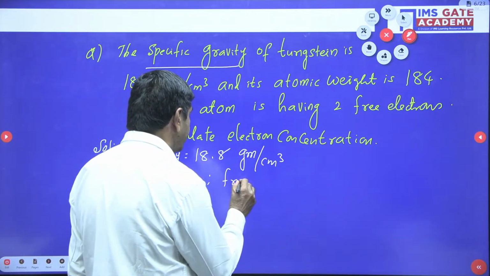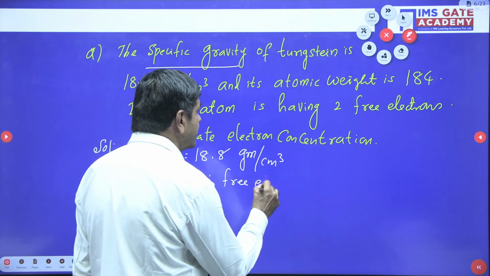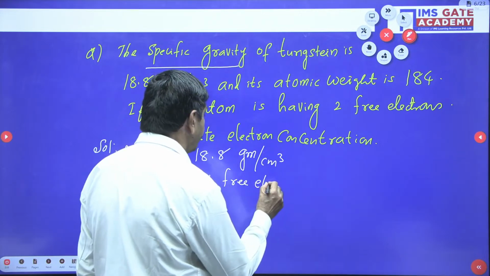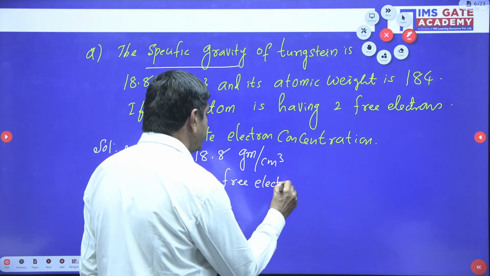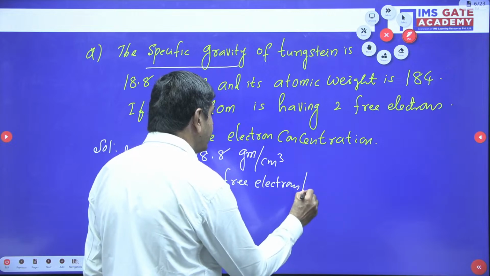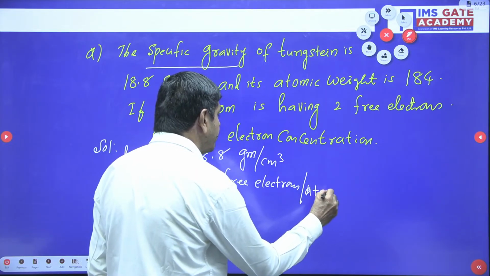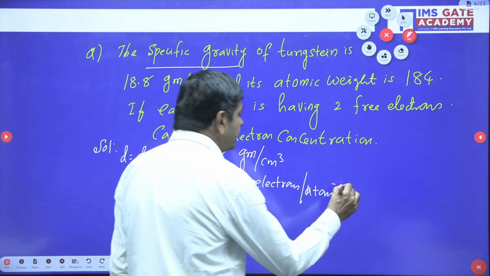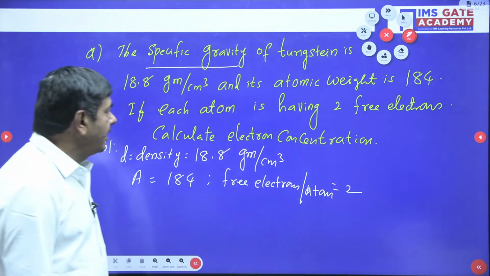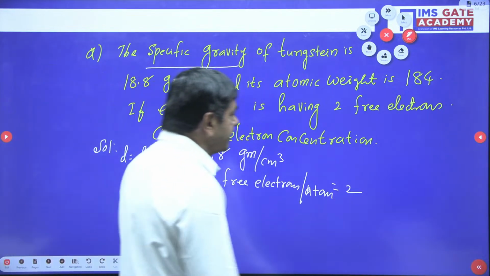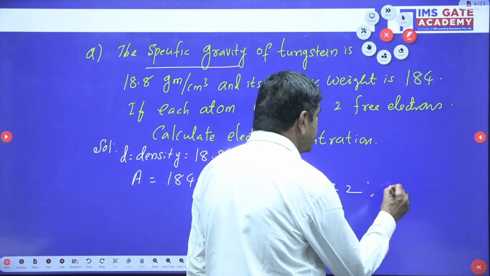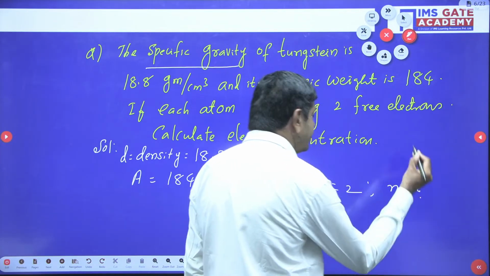How many free electrons in an atom? Free electrons per atom equal to 2. But the question is asking to calculate the electron concentration. Electron concentration N equals how much?